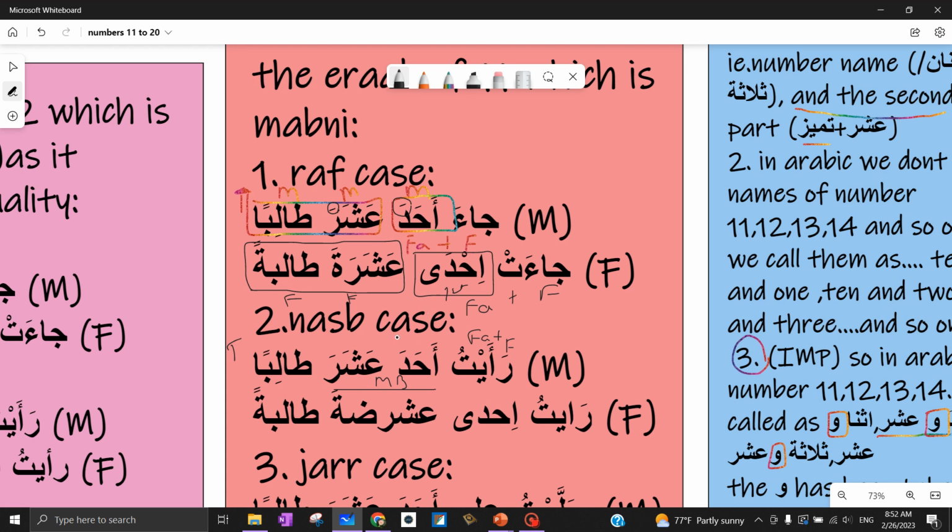And in the nasb case also, they are mabni on fatha. You cannot write fatha zahira just because it is in the nasb case. No, you have to write in i'rab that it is mabni on fatha.